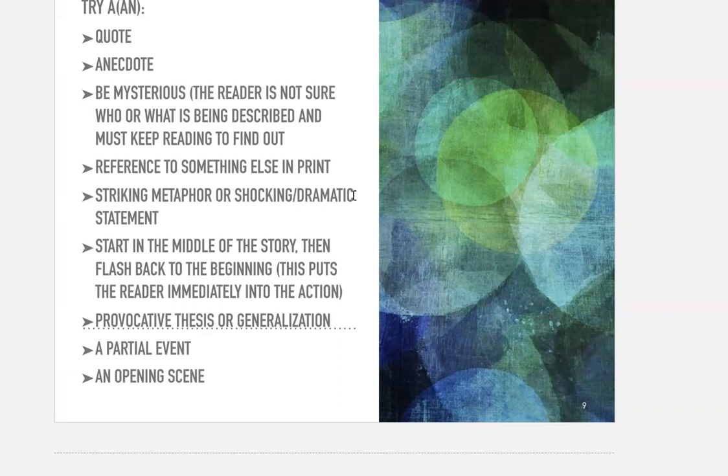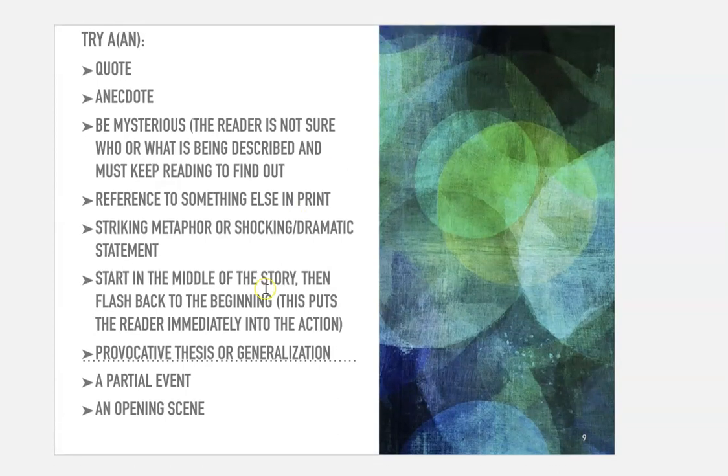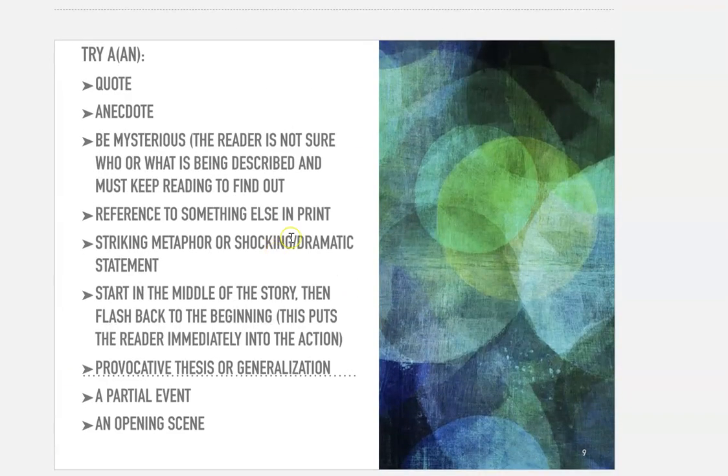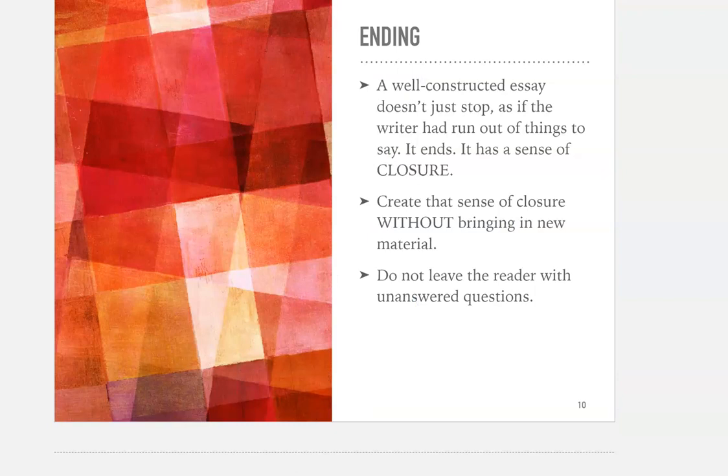Reference something else that's already in print, use striking metaphors, dramatic statements, or shocking statements. Start in the middle of the story, in media res. It's a Latin term which means you start in the middle and then flash back to the beginning. It draws your reader into the action. Or use a provocative thesis or a generalization or a partial event, an opening scene.